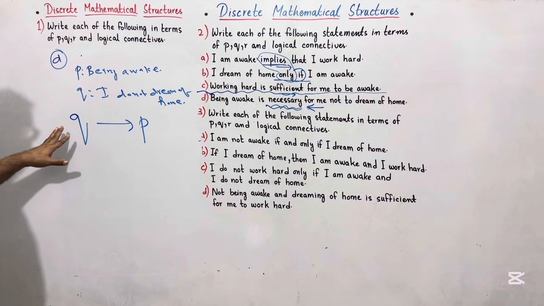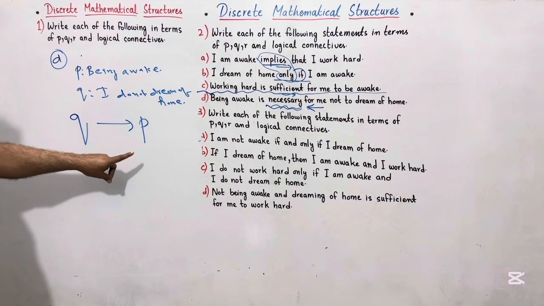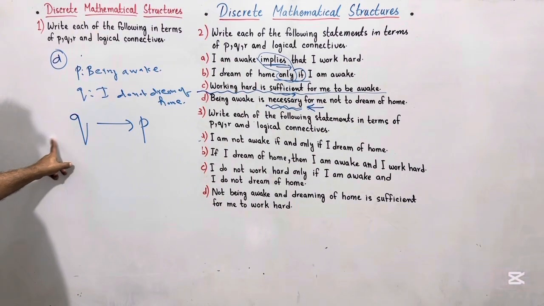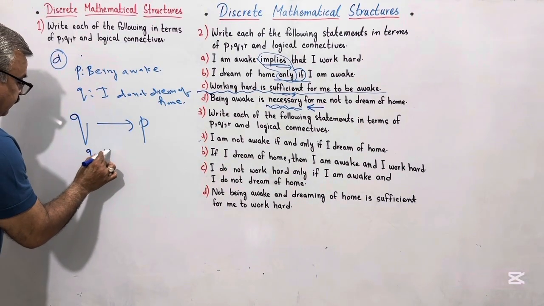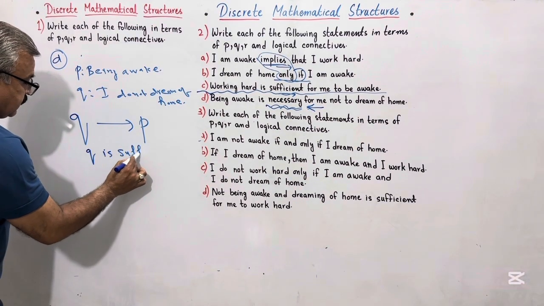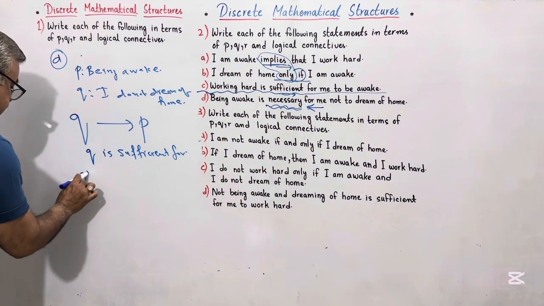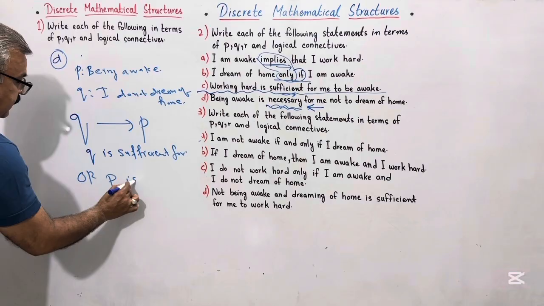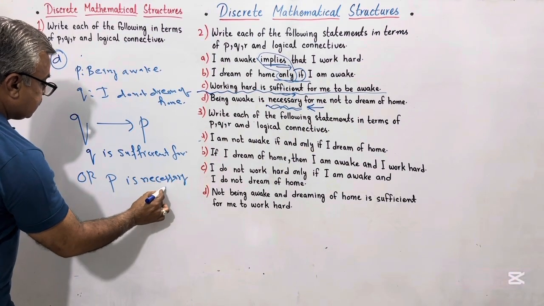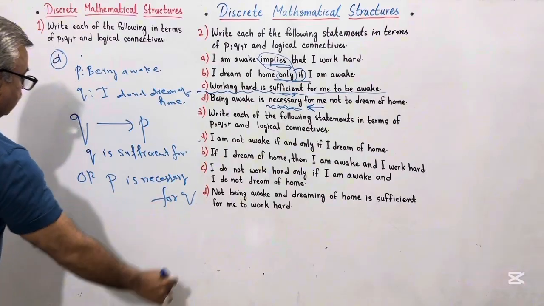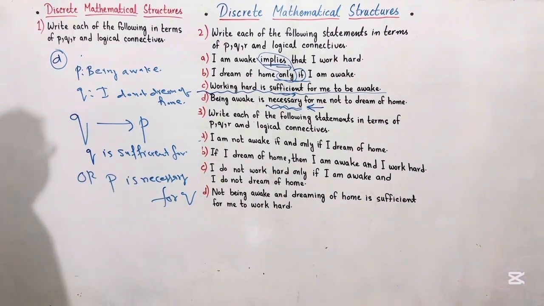If Q, then P. Q is sufficient for P, or P is necessary for Q. Q is sufficient for P in that case.